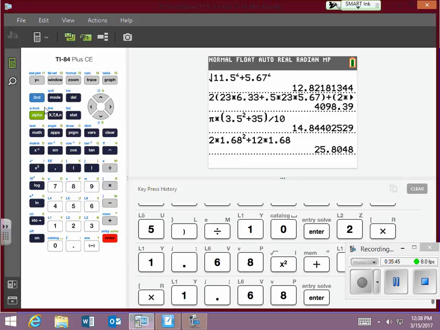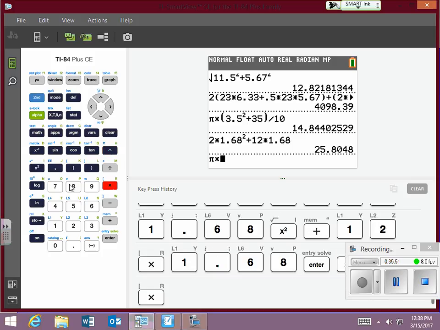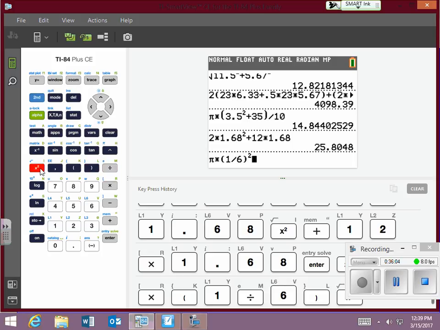So it's pi times 1/6. I better bracket it. 1 divided by 6 and squared, right?